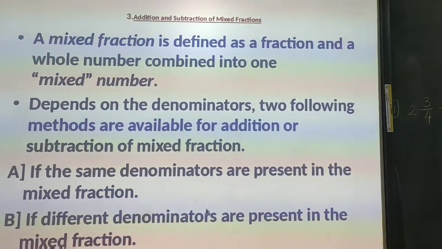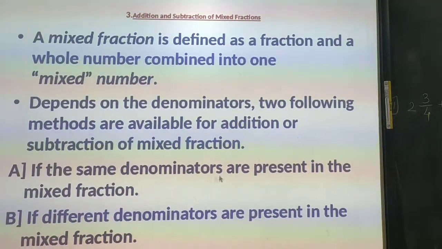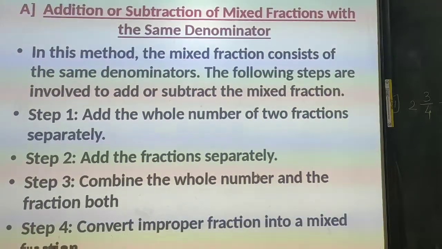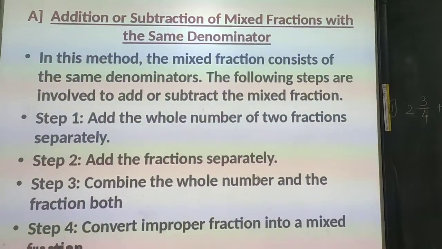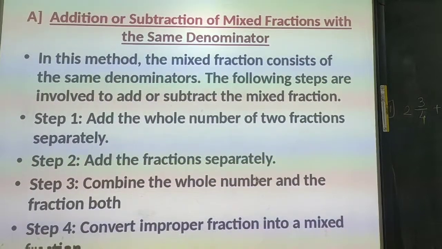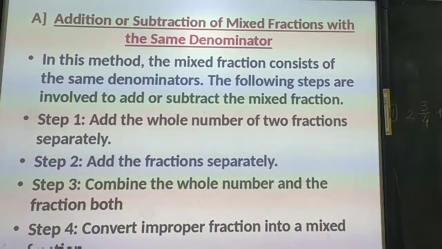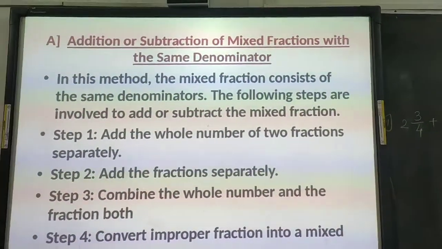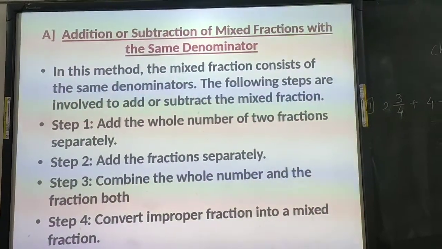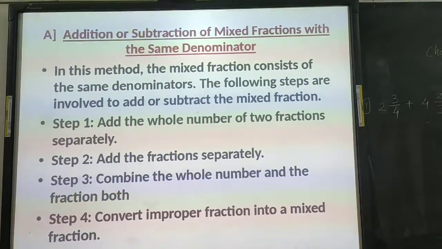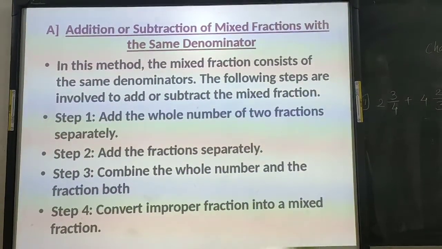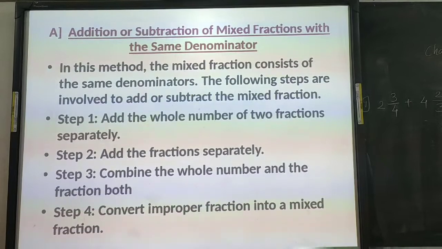First we will see the type where the same denominators are present in the mixed fractions. In this method the mixed fractions have the same denominator. The following steps are involved to add or subtract mixed fractions. Step 1: add the whole numbers of both the fractions separately.